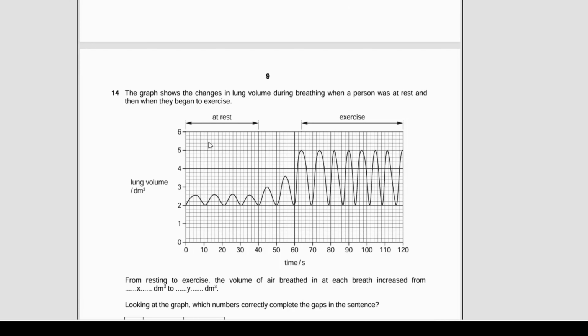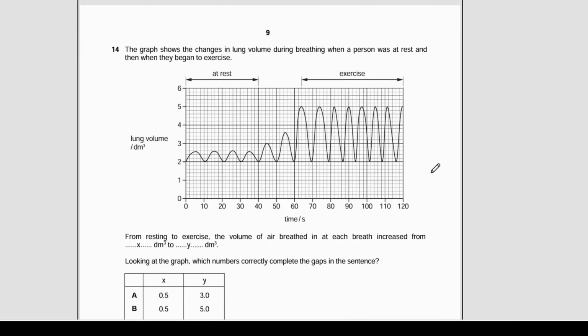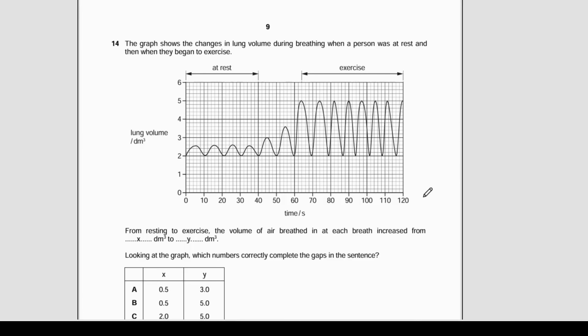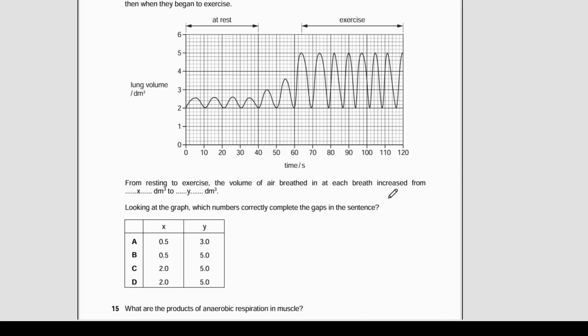Okay, the graph shows the changes in lung volume during breathing when a person was at rest and when they began to exercise. So there is more lung volume. Let's complete the statement. From resting to exercise, the volume of air breathed in each breath increases from dash to dash. Let's see what the volume is over here and over here.